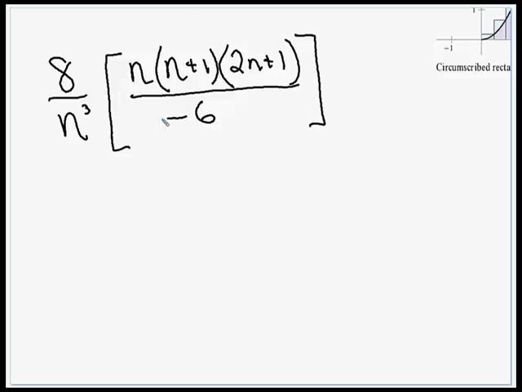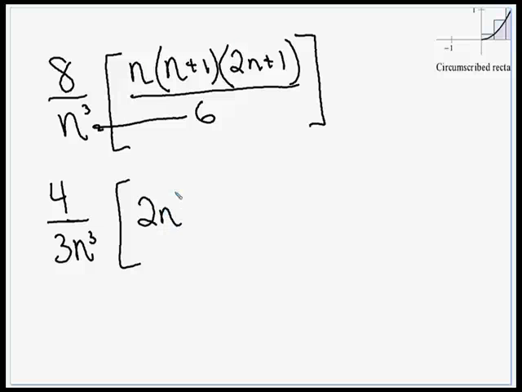If we drag the 6 out here, that's going to be 8/6, which reduces to 4/3, and that n to the third is in the denominator. And then if we FOIL this out and collect up our like terms, we're going to have 2n to the third plus 3n squared plus n.